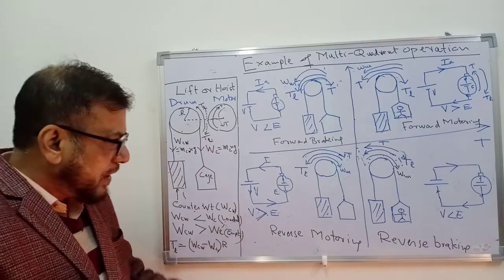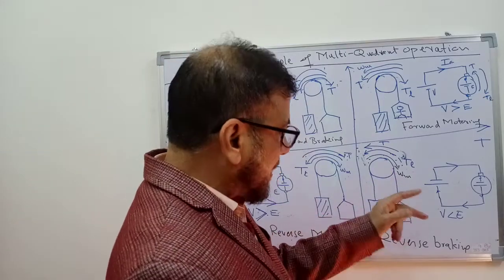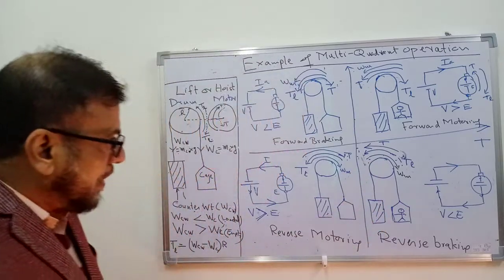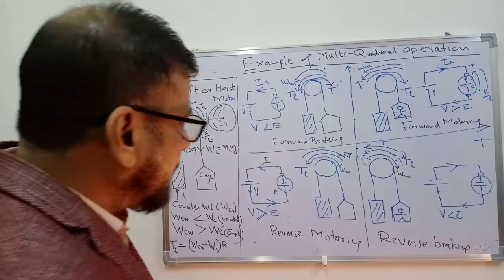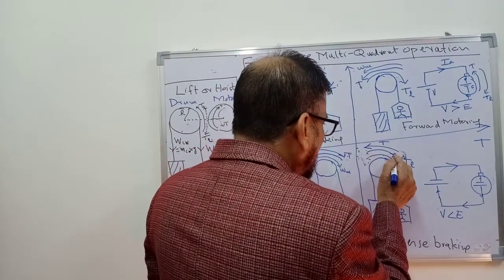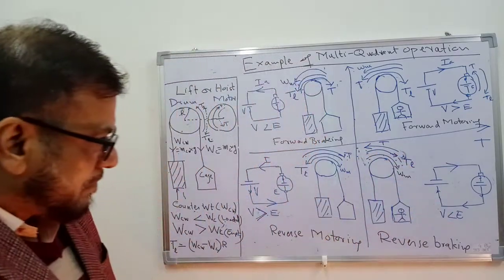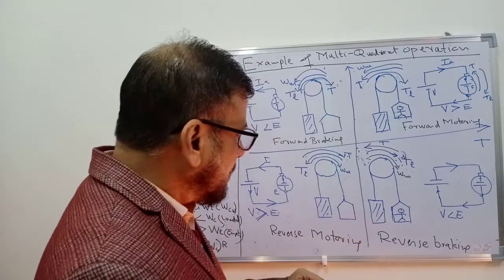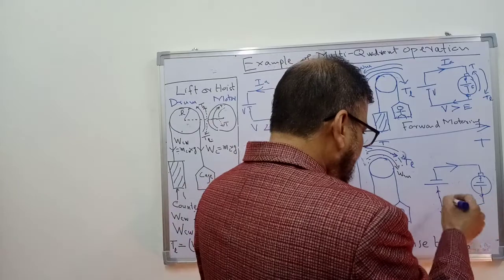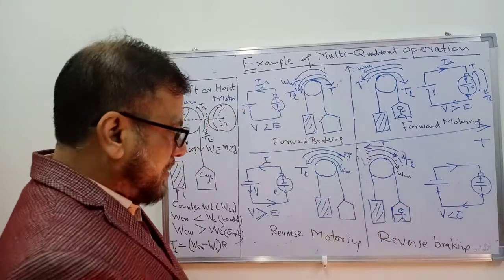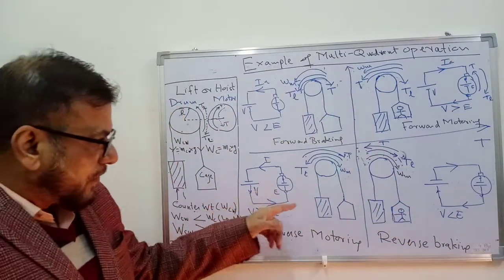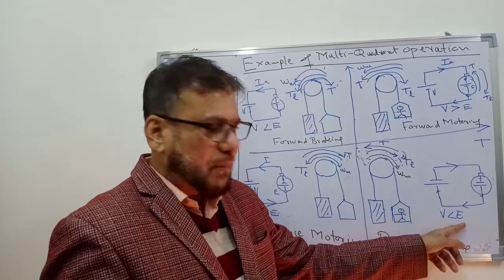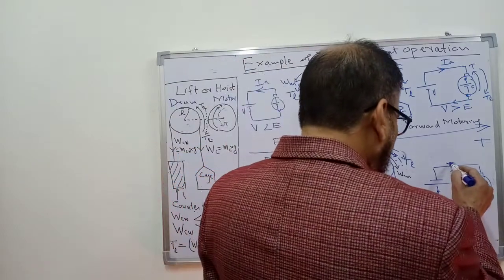Again, because it is a braking operation, the load is actually moving the motor. Load is actually moving the system. So we have to produce a torque in the opposite direction. You can see here what we have done. The voltage has been reduced below the value of back EMF, so that the current flows in this direction.